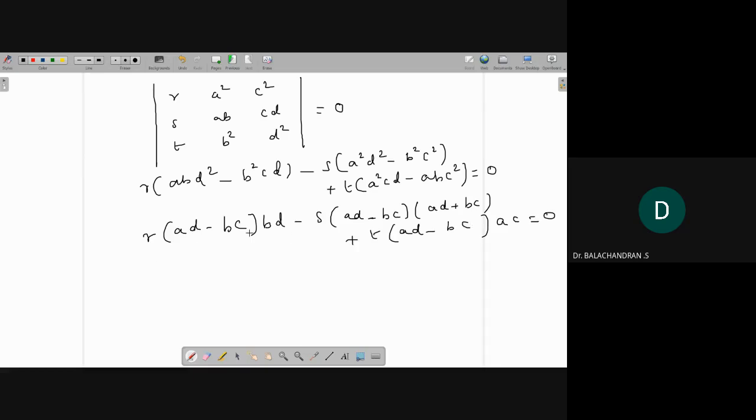So throughout ad minus bc is common. You can divide by ad minus bc.